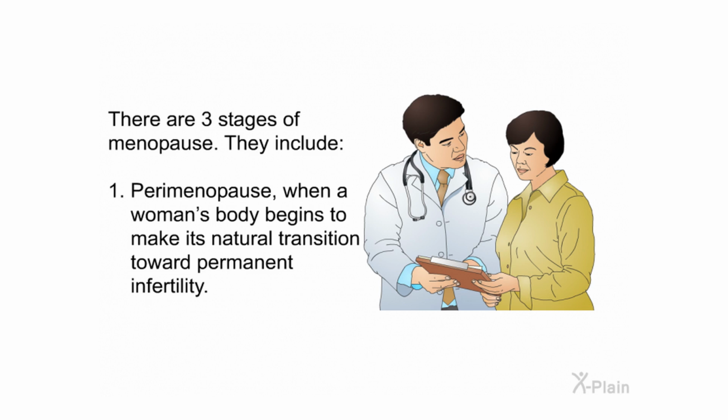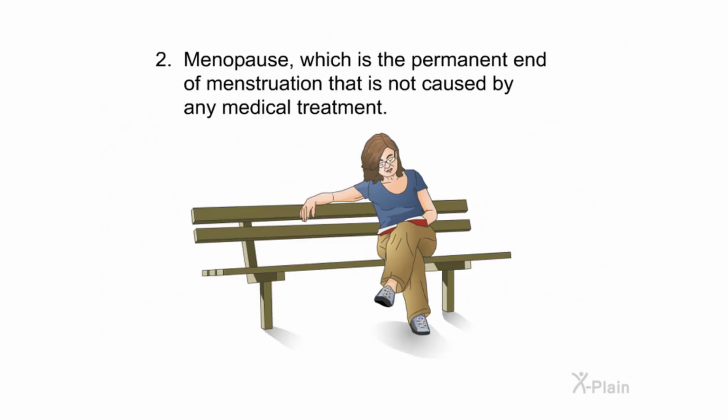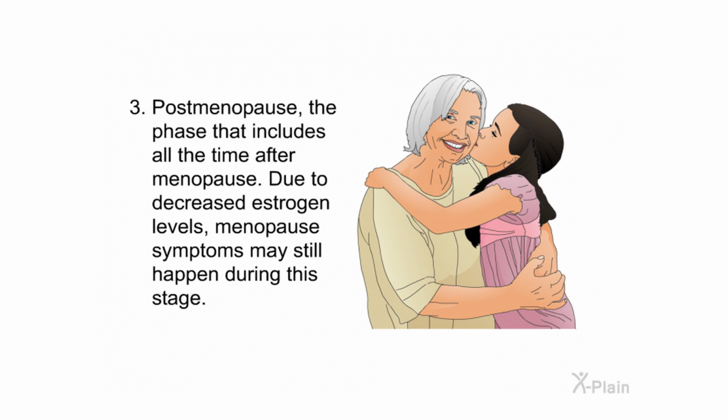Perimenopause, when a woman's body begins to make its natural transition toward permanent infertility. 2. Menopause, which is the permanent end of menstruation that is not caused by any medical treatment. 3. Postmenopause, the phase that includes all the time after menopause. Due to decreased estrogen levels, menopause symptoms may still happen during this stage.